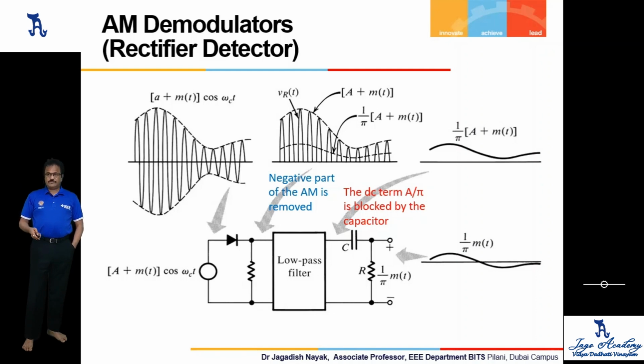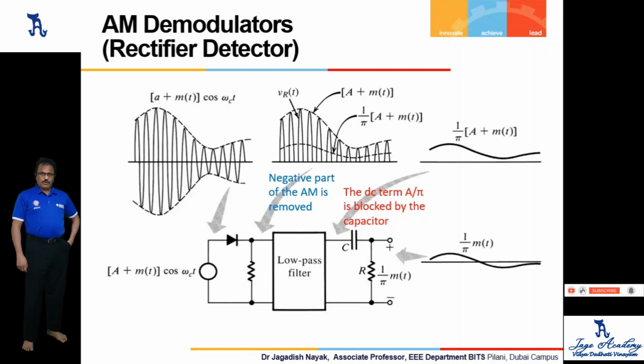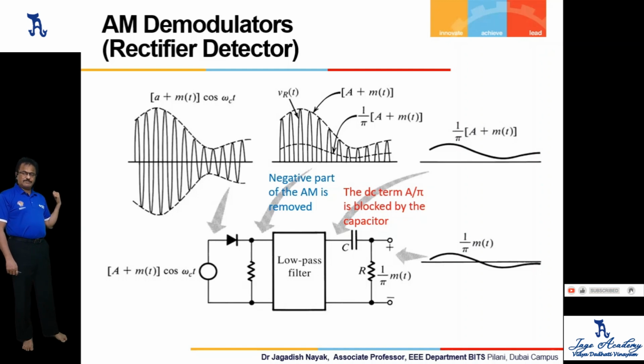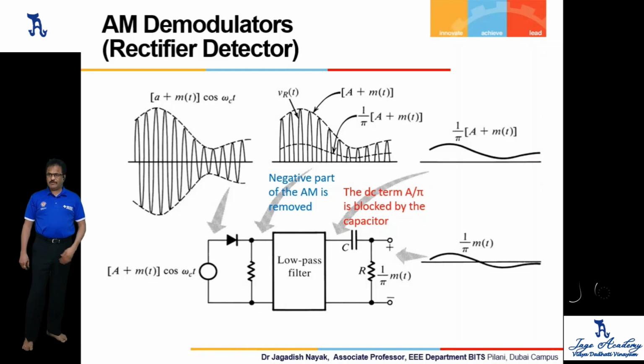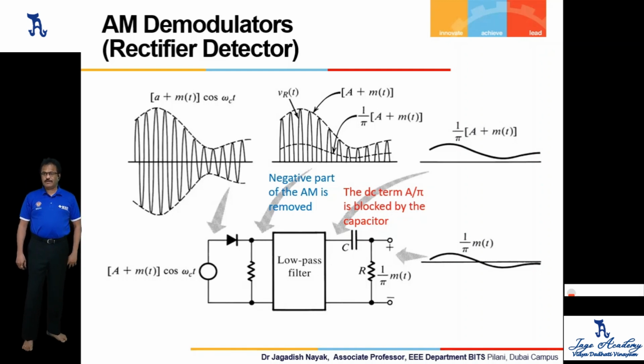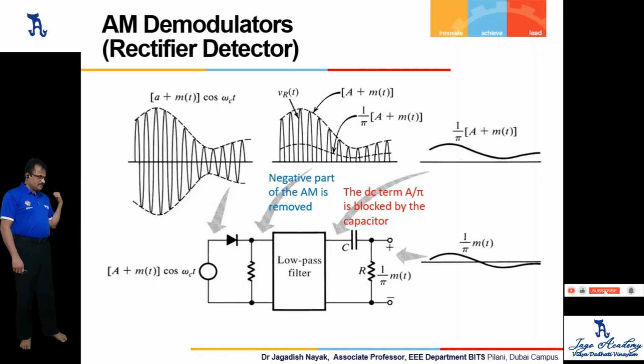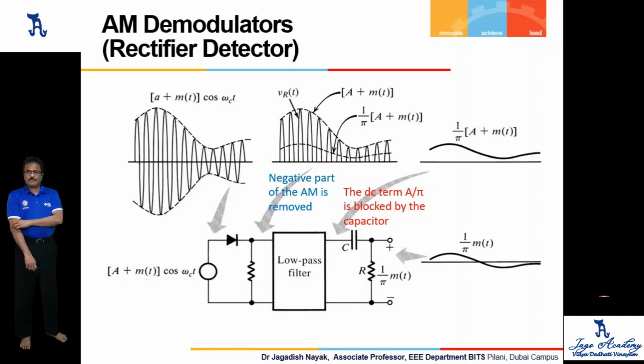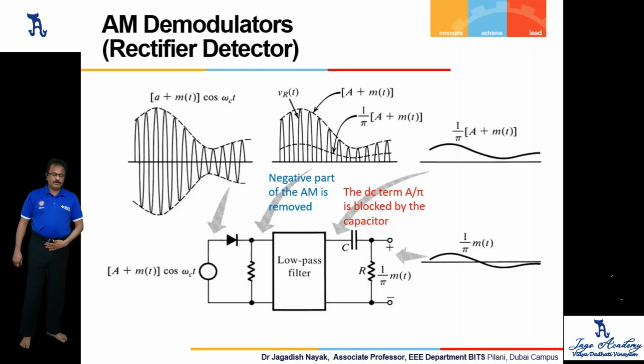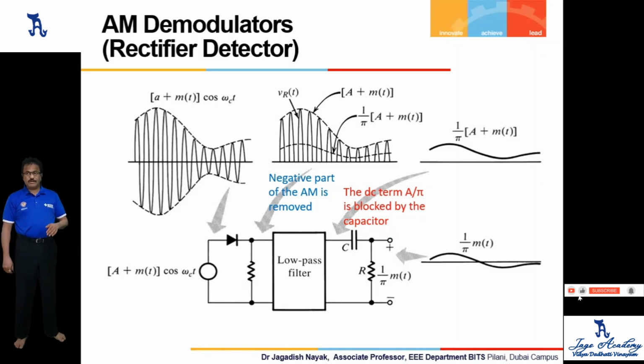Now, what is done first? You have here an AM signal. You know AM signal is nothing but A plus m(t) into cos omega_c t. The one you see is the AM signal and it is passed through a diode, single diode. And you all know that diode behaves as a rectifier, right?